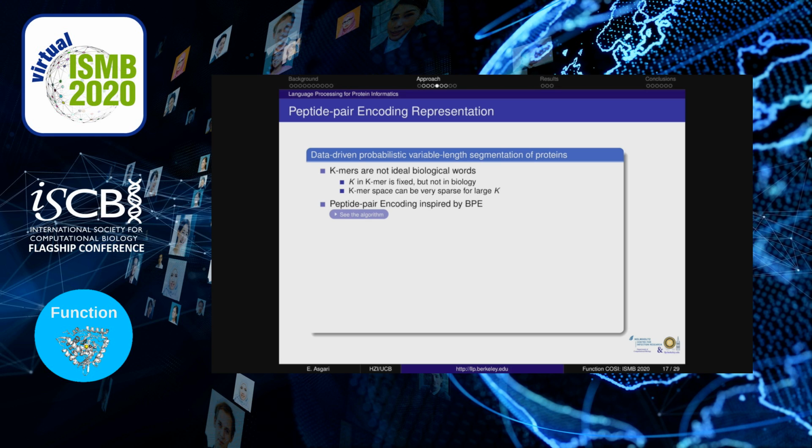So inspired by the byte pair encoding method, which is a text compression algorithm, we proposed a sampling framework of byte pair encoding to have multiple views on segmenting protein sequences. This segmentation is data-driven and it divides sequences into subsequences of frequently observed patterns.